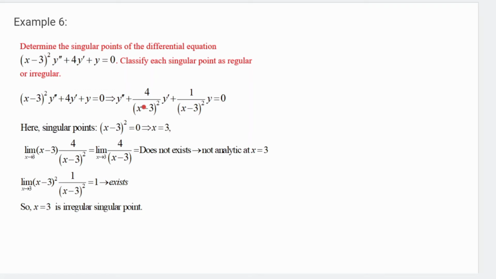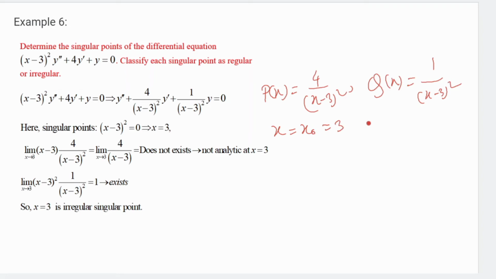When we make it standard form, our p of x is 4 by x minus 3 whole squared, and our q of x is 1 by x minus 3 whole squared. So we can see here x naught equals 3 is a singular point.